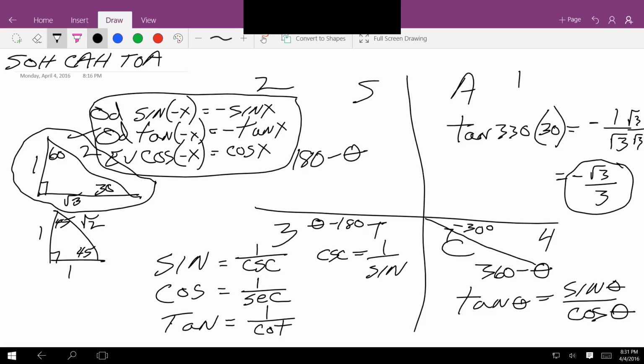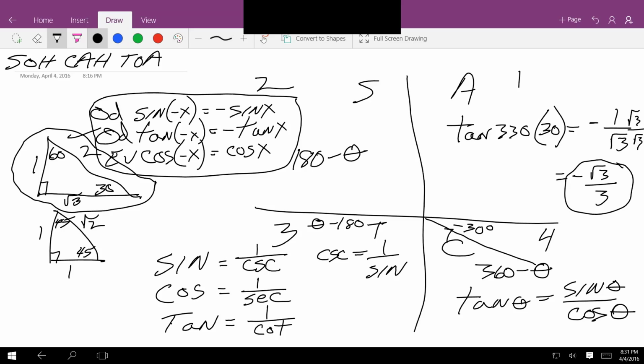Now, if they absolutely force you to do it this way, well then do it this way. And figure out what the sine of negative 30 is, knowing that that's the same as minus the sine of 30, and then go in and figure out what the cosine of 30 is, and you'll come up with fractions.